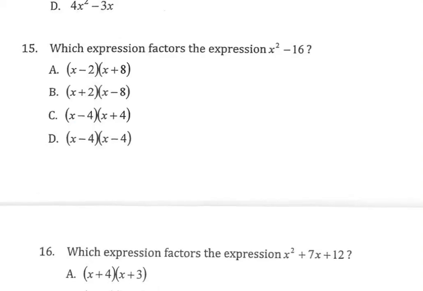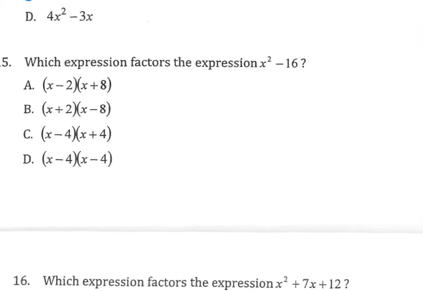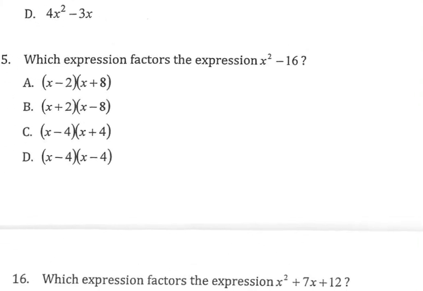All right, so in this question, number 15, which expression factors the expression x squared minus 16? Now, for me, the easiest way is to use the formula of the perfect square, right? We know that's a squared minus b squared, it's going to be a minus b times a plus b.